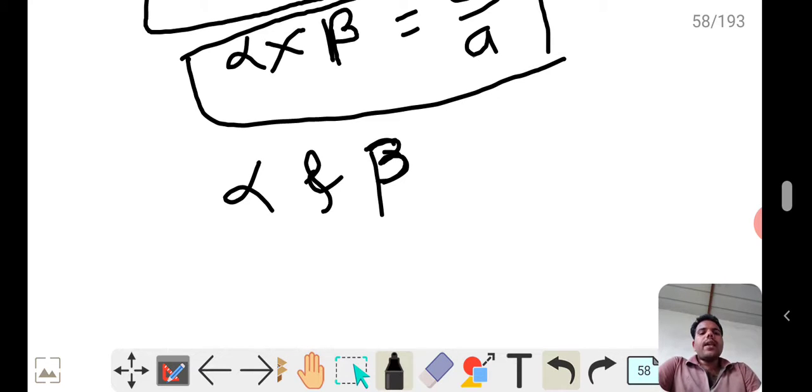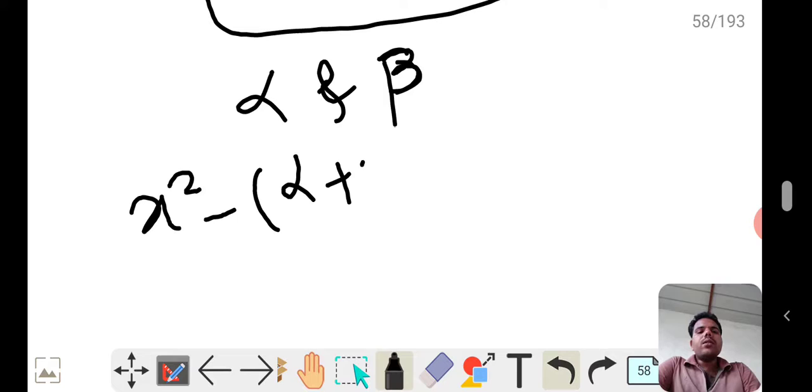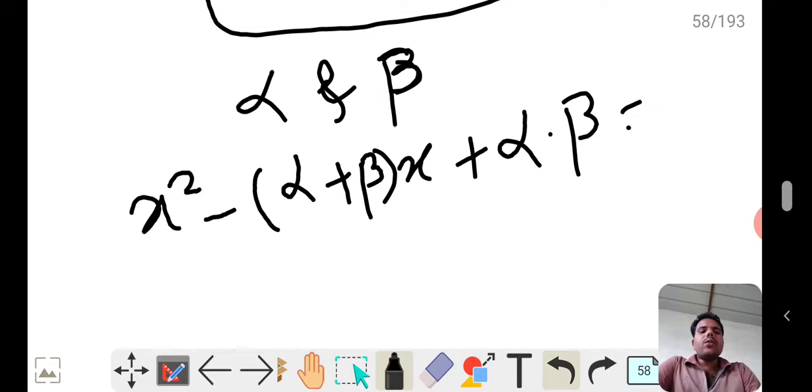We can write the quadratic equation by using the following formula, that is x square minus the sum of the roots into x plus the product of the roots, alpha into beta, is equal to 0.